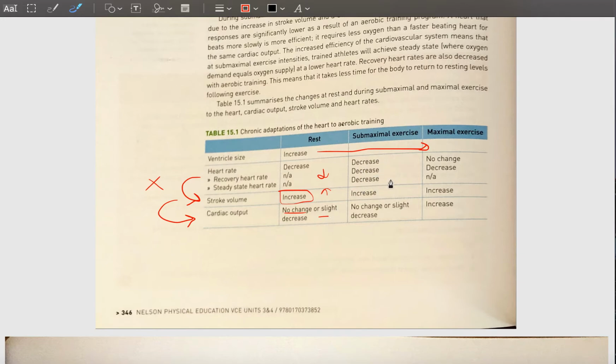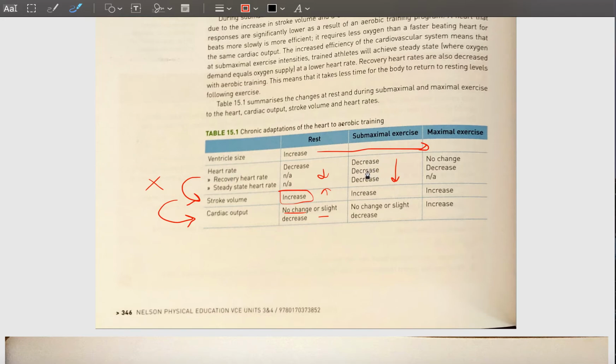Now, because I'm a more efficient runner and my heart is more efficient, then sub-maximally training underneath your maximum or in a comfort zone of that 70% or maybe even a little lower, there will still be a decrease in the actual number of beats per minute of my heart.